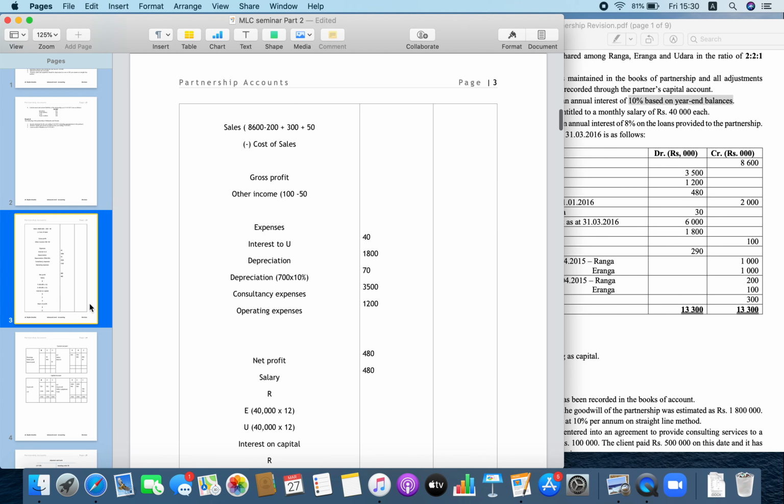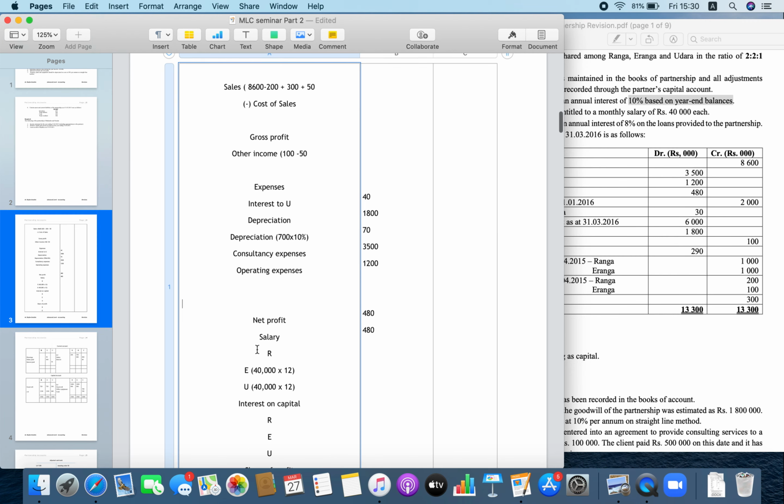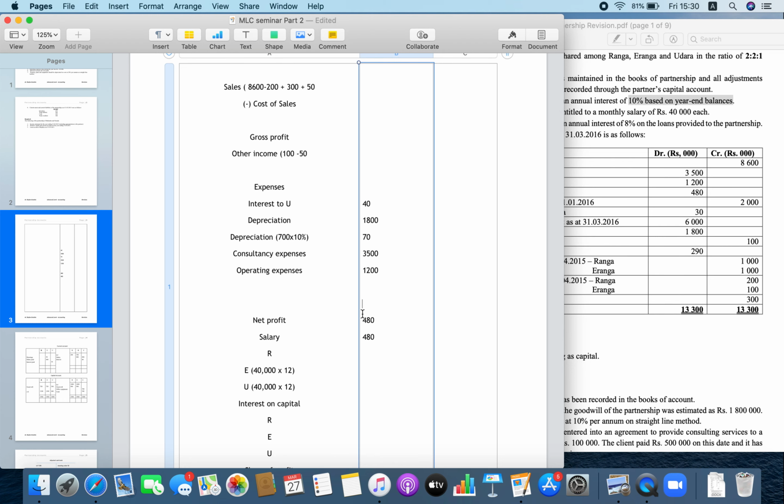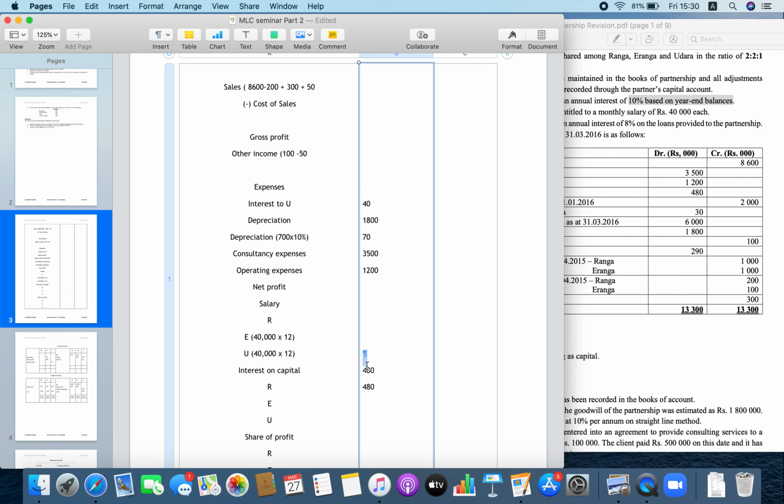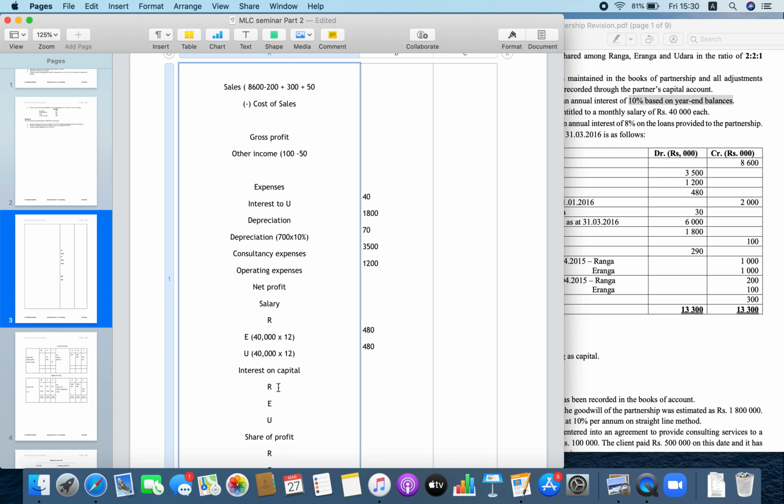So interest on capital, right? Point number 1, please go to your appropriation account. Right, so Ranga has a capital account carried down of 1080, so that one into 10%, Eranga also has a capital account of 1180, so that also into 10%.